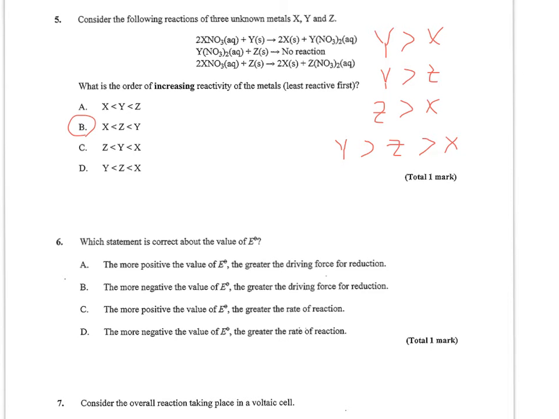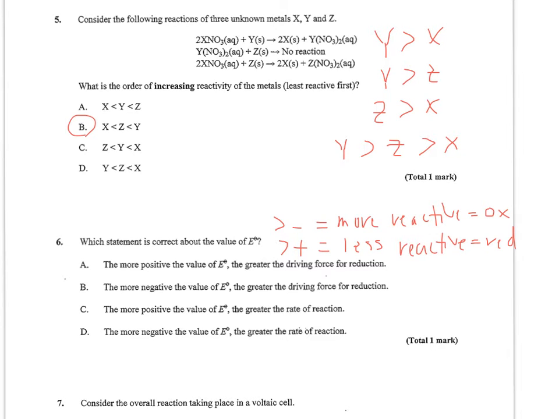Number 6 wants to know which statement is correct about the value of your standard electrode potential. What you have to remember is the more negative that your E value is, that's a more reactive metal. And more reactive metals tend to lose electrons or are oxidized. So the more positive, the less reactive metal, and the more likely that that metal will end up being reduced, or that ion will end up being reduced.